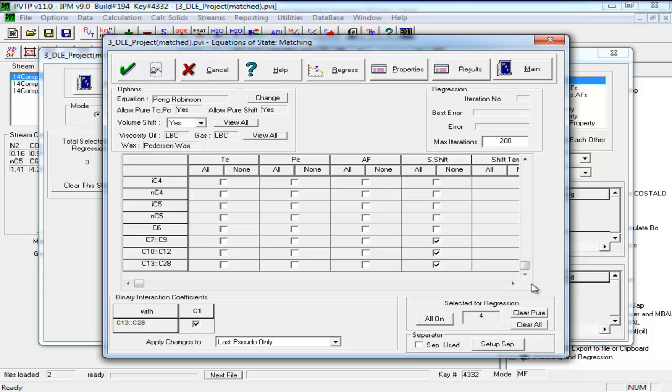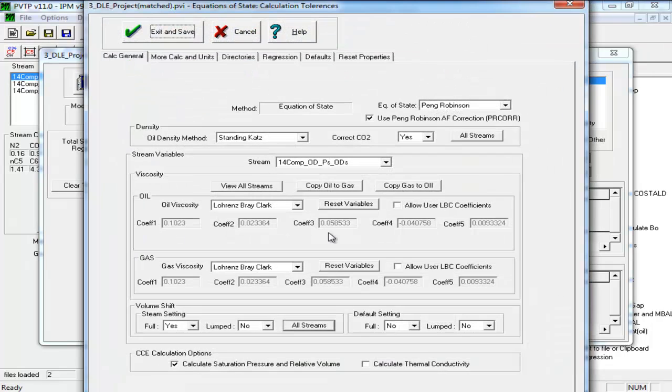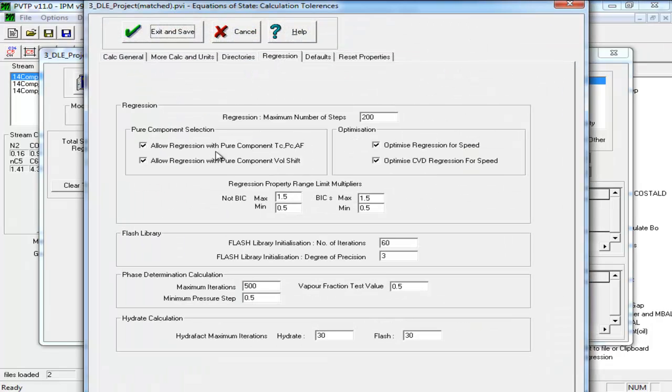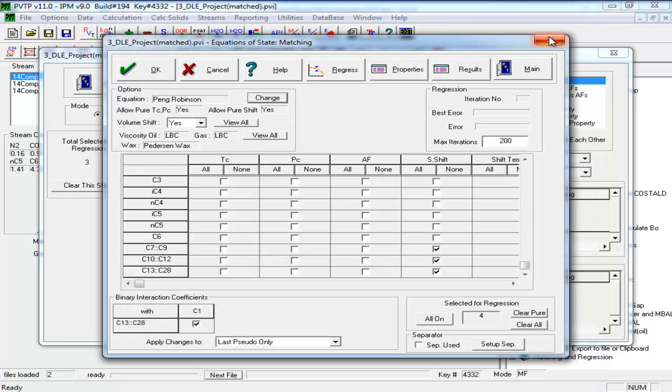So that's why when we edit the range here, we go to regression and we exclude close and we change the range here. And the range here should be 1.1 and 0.9 here. Don't worry, I will go back to this.